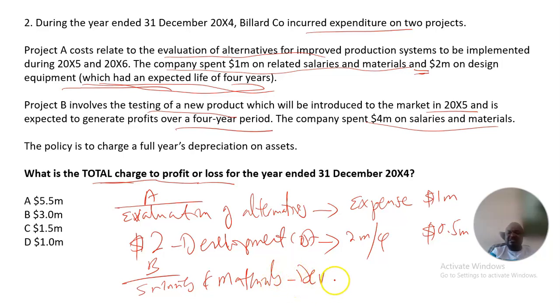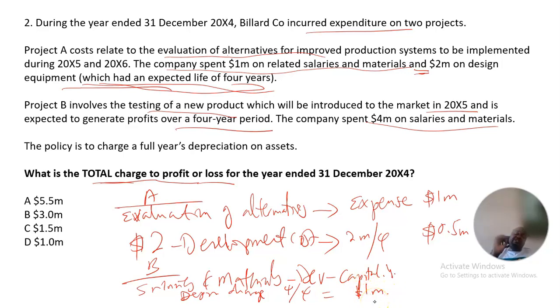Their development should be capitalized. And the depreciation charge of 4 million over 4 years is equal to what? 1 million per year.